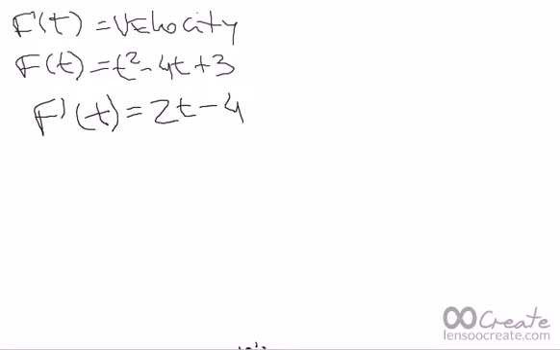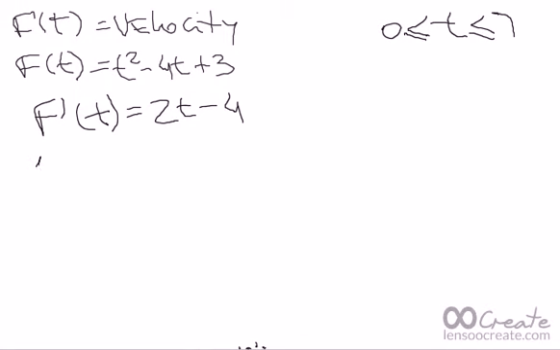That's going to be our velocity. Now it's asking us to find the speed and acceleration at the endpoints. We knew that t is bigger or equal than 0, but smaller or equal than 7.